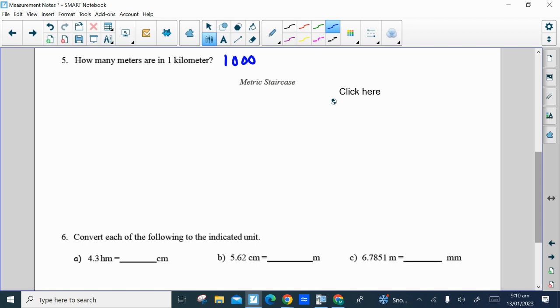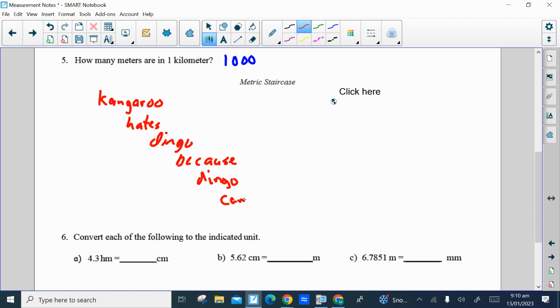Okay, so we can remember the metric staircase by remembering this acronym. An acronym is like a phrase that helps you remember something. So here's the phrase: kangaroo hates dingo because dingo can't multiply.